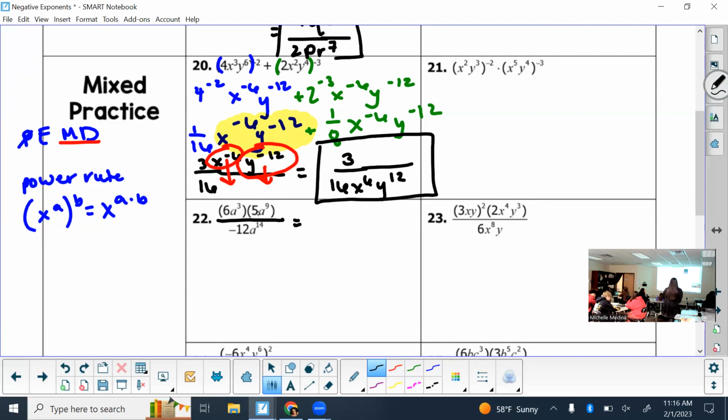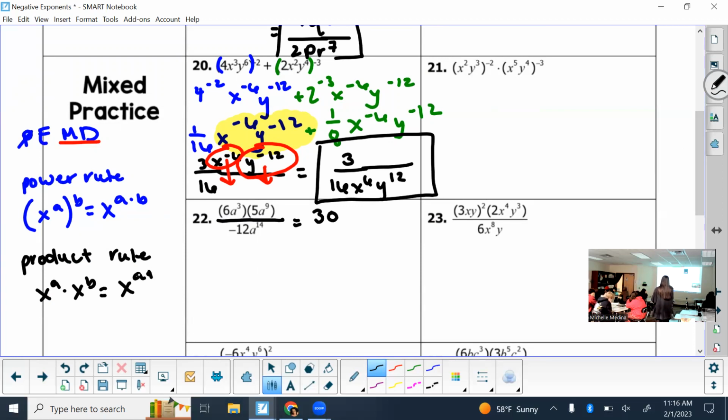So 6 times 5 is what? 30. What's the rule for multiplying variables? What do we do with the exponents? We add them.